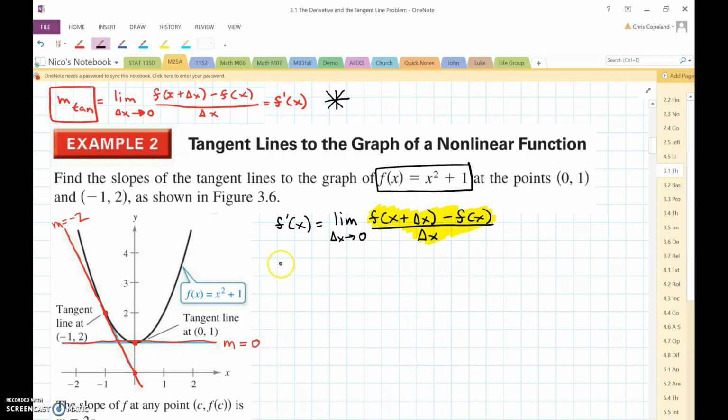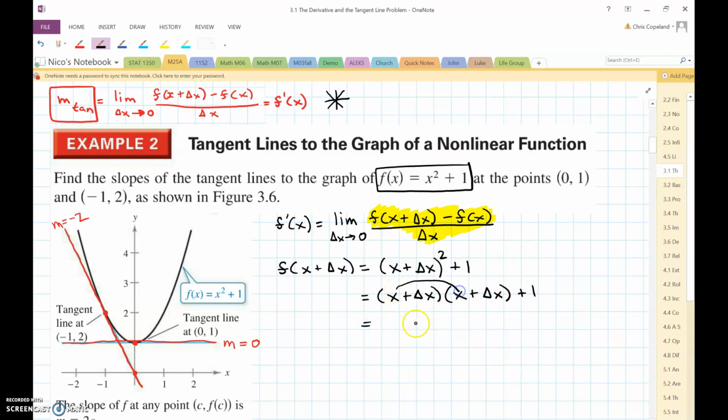For this particular problem, we know what f of x is equal to. Let's find f of x plus delta x. I would need to plug in x plus delta x into x squared plus 1. So it would look like this. Then I would simplify this, so I would multiply the binomials.